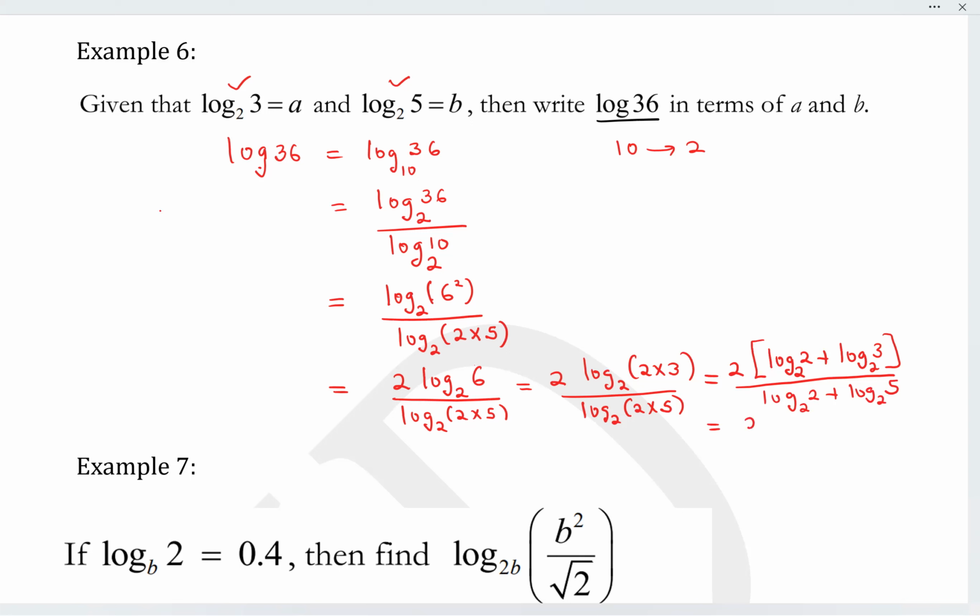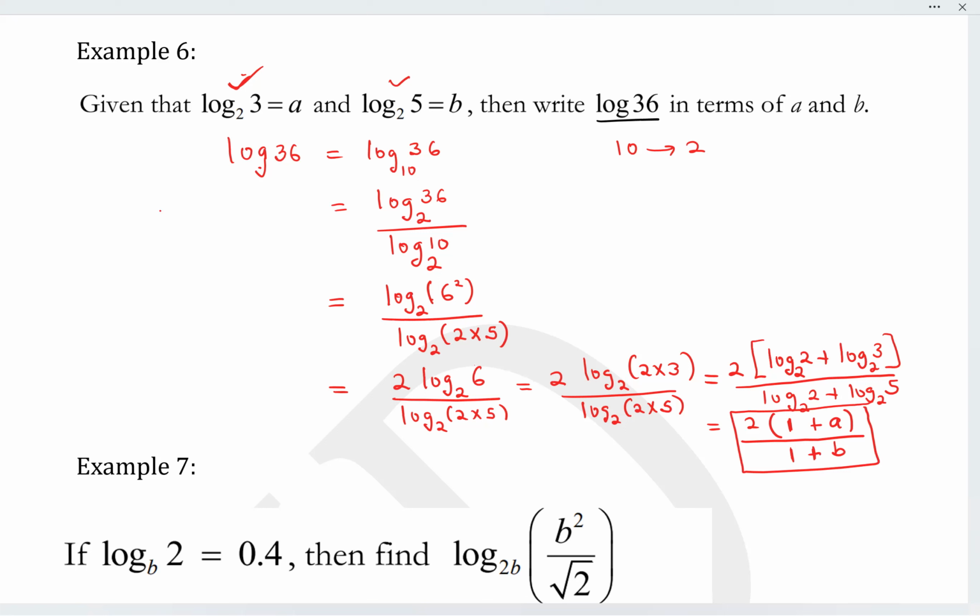This is 2 brackets, log 2 of 2 is 1, plus log to base 2 of 3. Log to base 2 of 3 is already given, it is a. So this is a over, now log to base 2 of 2 is 1 also, plus log to base 2 of 5 is b. So we will have this answer.